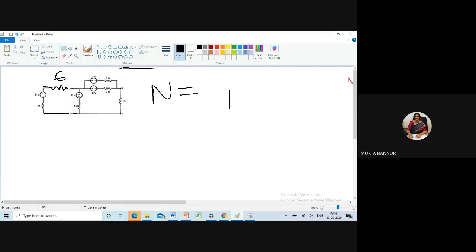How many nodes are there in the circuit? Only 2 nodes, or 5? How many of you are having a 2 node answer?